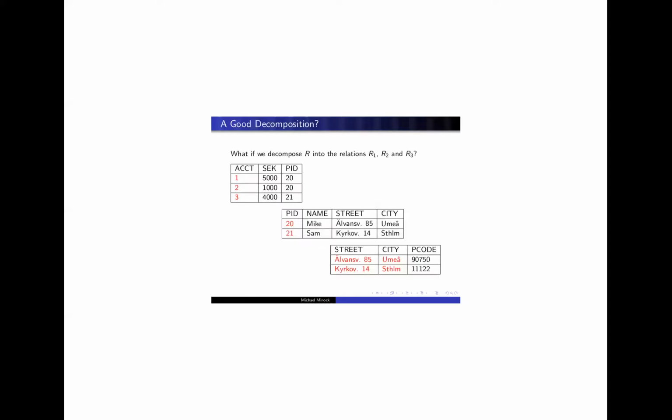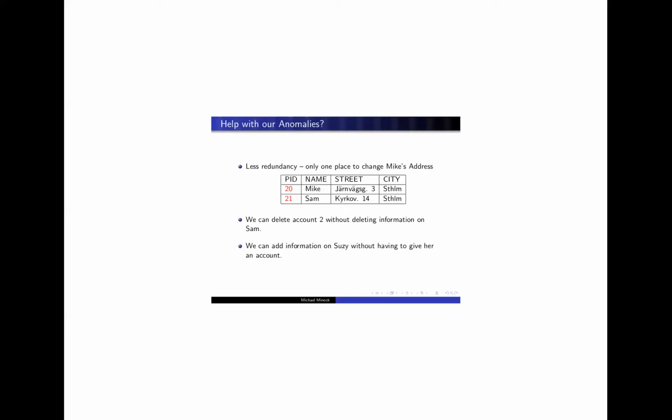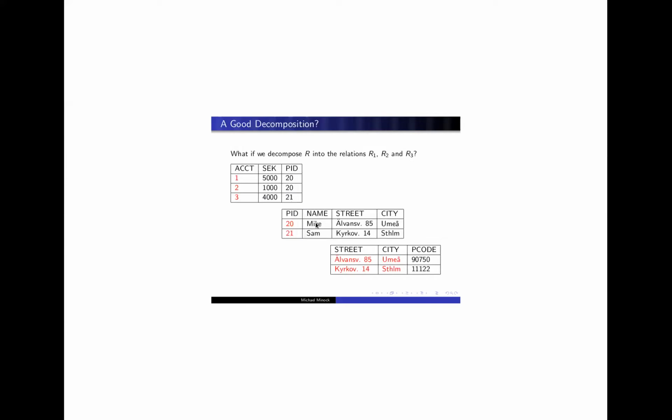Okay, let's just go back here. Let's look at these decompositions. Why is this a good decomposition? This right here is a good decomposition. There are countless other ones that are bad because they're lossy. This one is lossless because if you do a natural join of the decomposition, you get back the original table that you decomposed.